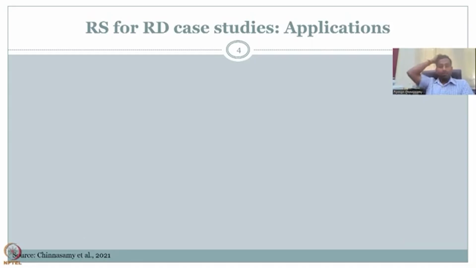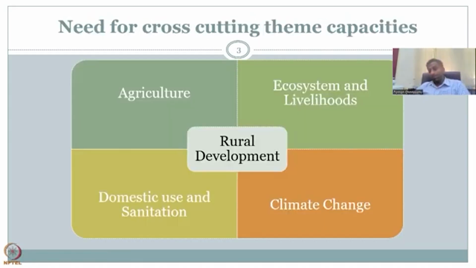So we have remote sensing identified for each and every parameter in this lecture. For example, for agriculture, we use NDVI, NDWI, Landsat images, groundwater from GRACE, etc. Ecosystem livelihoods, which is mostly dependent on agriculture.